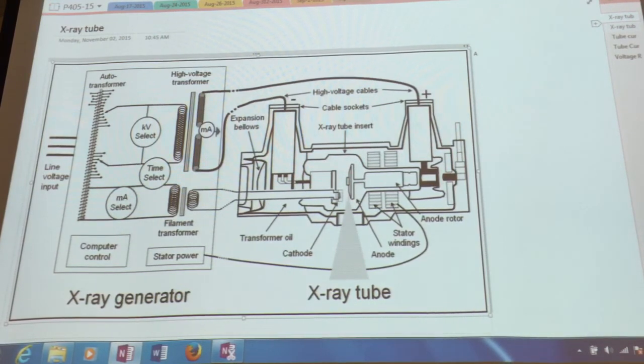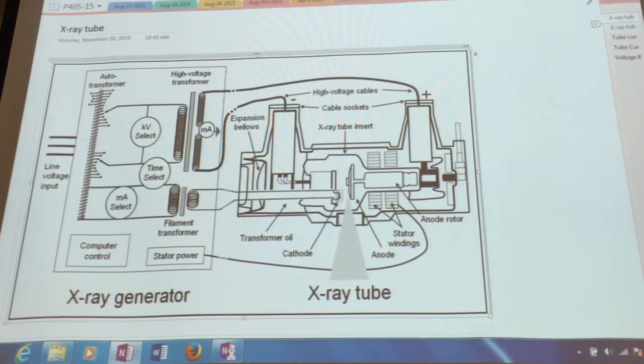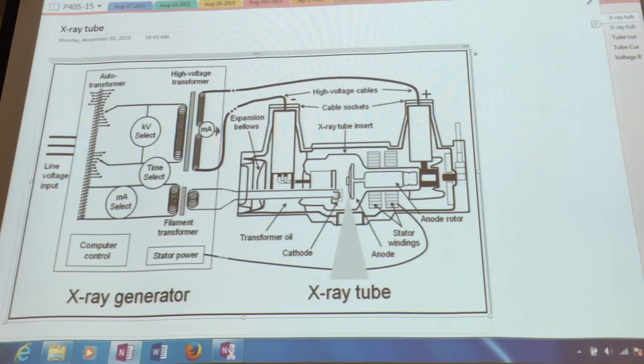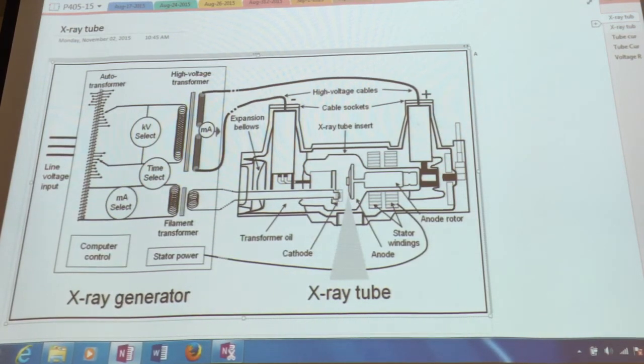It's not such a scary diagram, is it? Yeah, that's not bad. All right, with that in mind, we'll put that away.